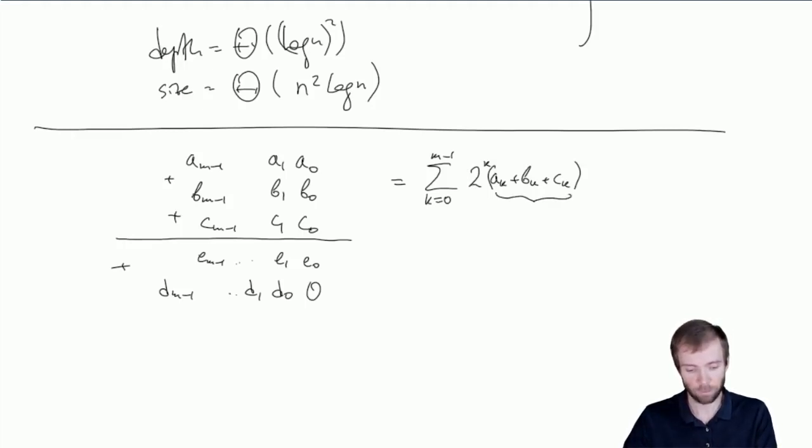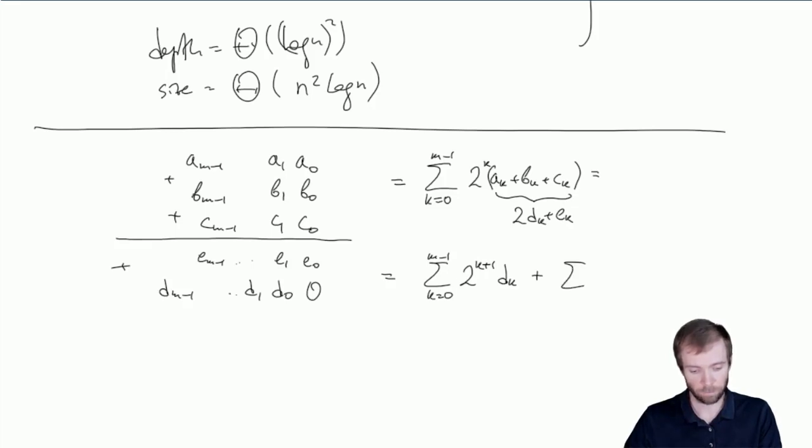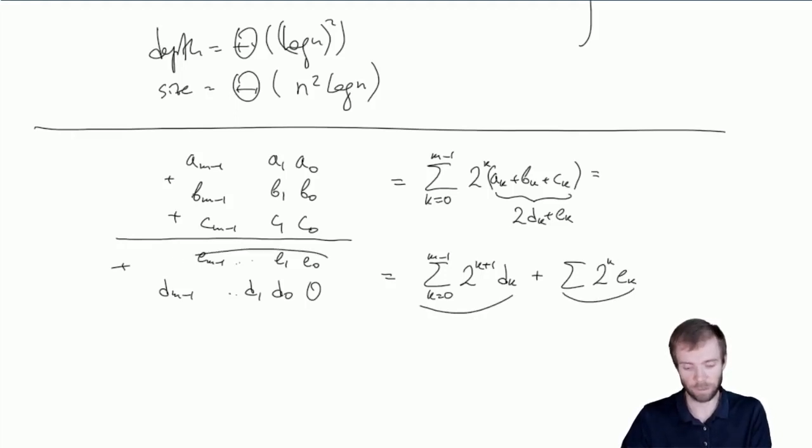And now, as we know that this can be expressed as a 2-digit binary notation, which we call dk and ek, then we can express this sum as the sum of 2 to the power of k plus 1 times dk for k ranging from 0 to m-1, plus the sum of 2 to the power of k times ek. And really, these sums are the numbers that are given by these binary representations, this one and this one.